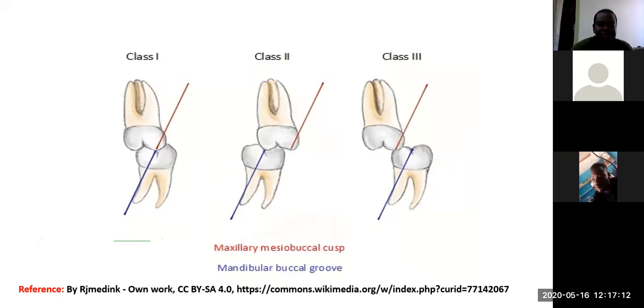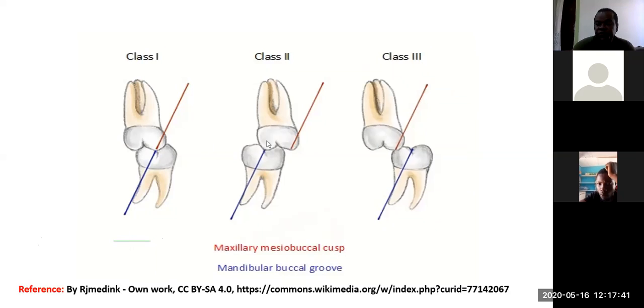You recall that in class 3, the maxillary first molar is almost not biting on the mandibular first molar. In class 2, the maxillary first molar is anterior to the mandibular first molar.